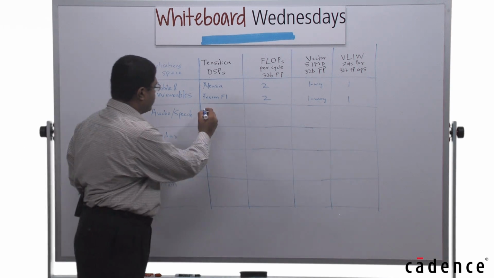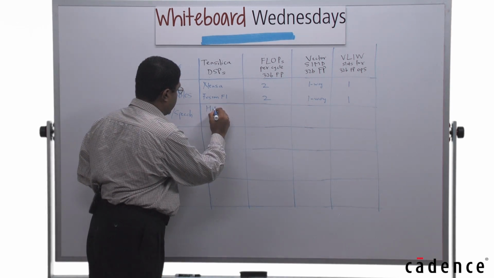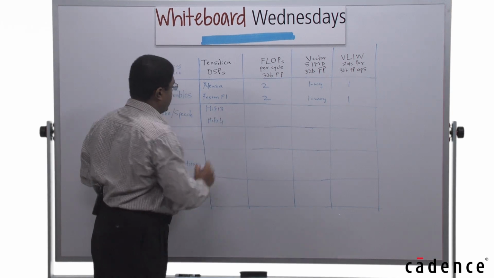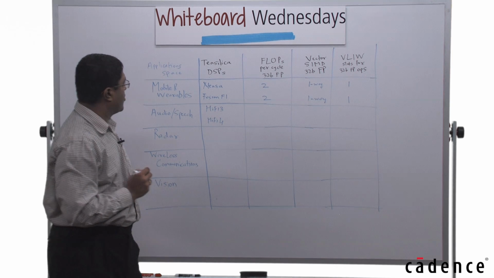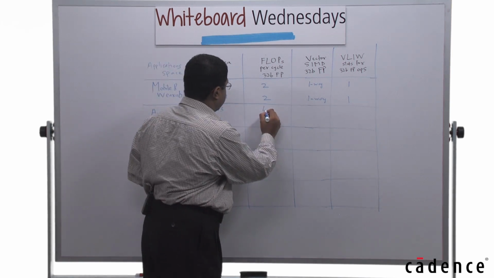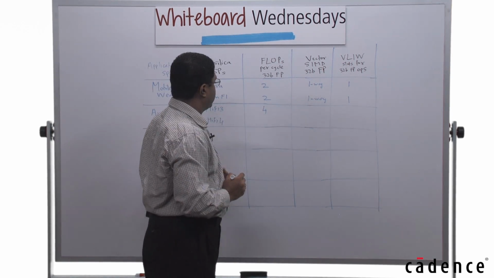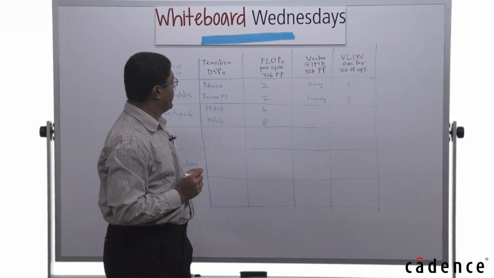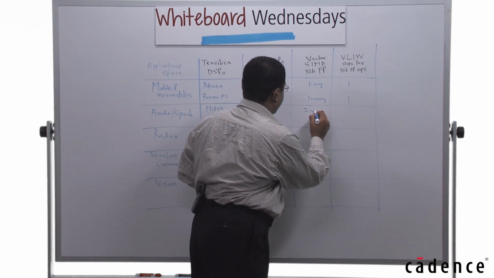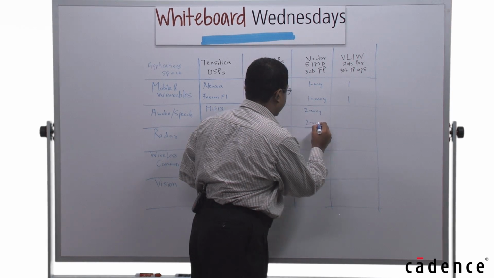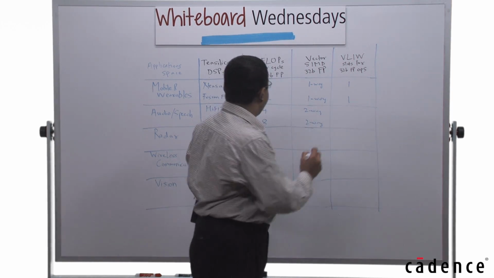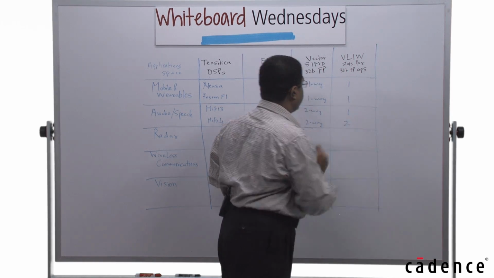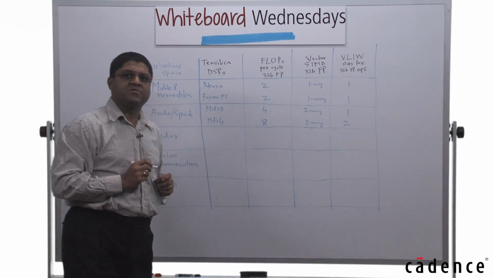For audio and speech in the HiFi family, there is the HiFi 3 and the HiFi 4, both of which have floating point support. HiFi 3 is 4 flops per cycle, HiFi 4 is 8 flops per cycle. Both of them have SIMDs of 2-way, and 1 slot for the HiFi 3 and 2 slots for the floating point operations for the HiFi 4.